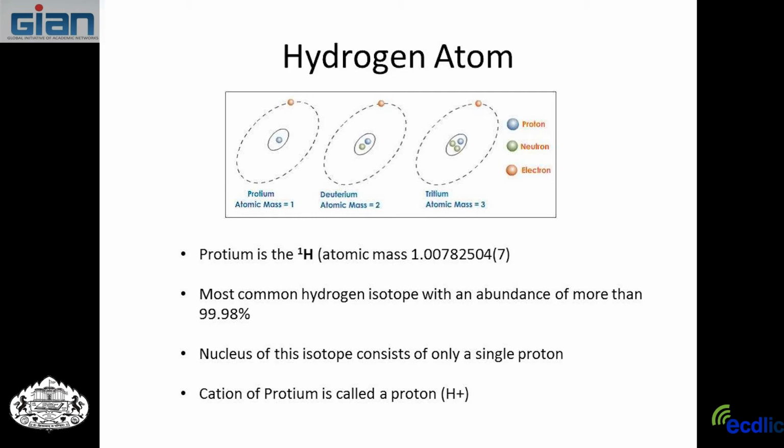If anybody has anything to add or has a better understanding of these things, just raise your hand and feel free to contribute. But the most common hydrogen isotope is protium, and its abundance is more than 99.98% of hydrogen. The nucleus of this isotope contains only a single proton, and the cation of this protium is called a proton, which is denoted by H+.